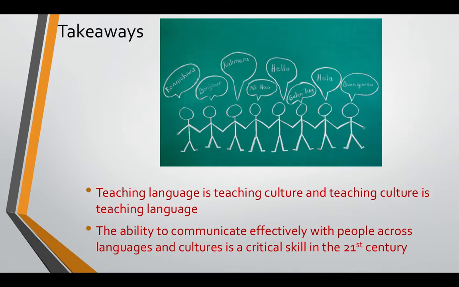We're allowing them to understand how people in our target language think, speak, interact with others. And that is very important because we're allowing them to be more aware of the surrounding, for them to have a more global competence.